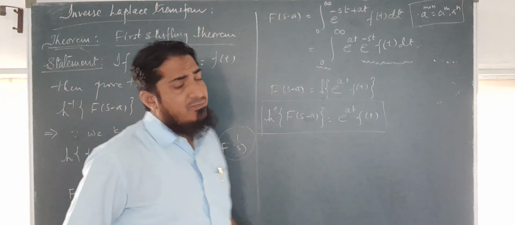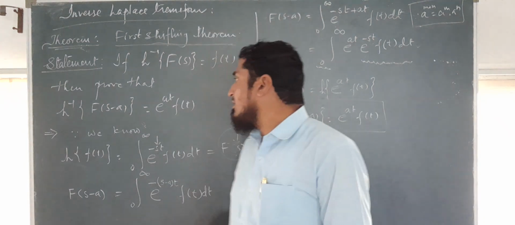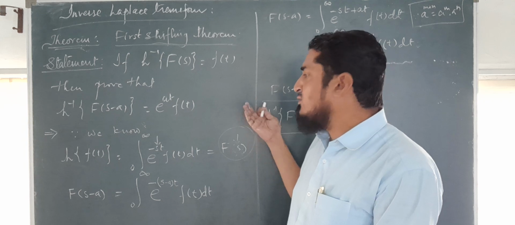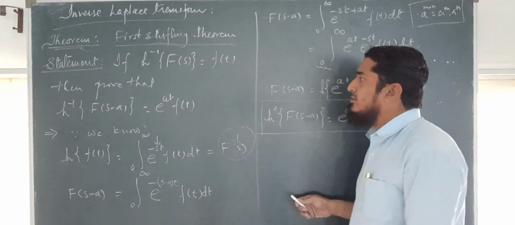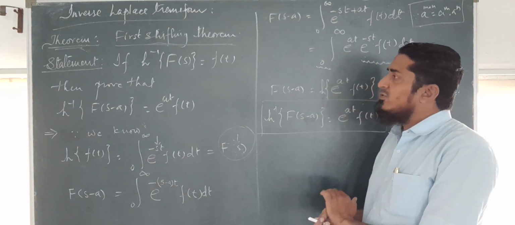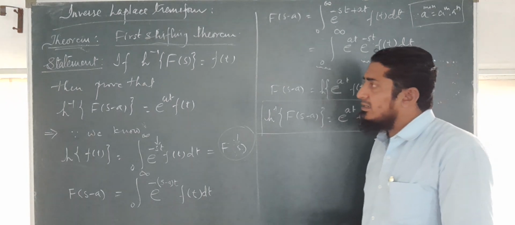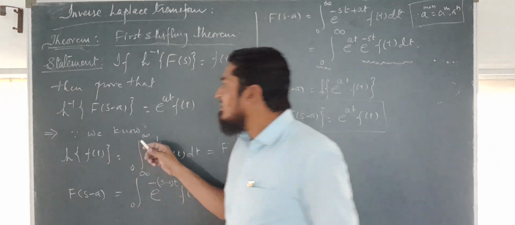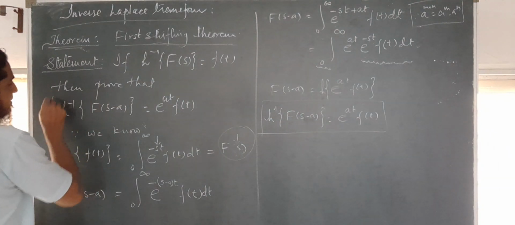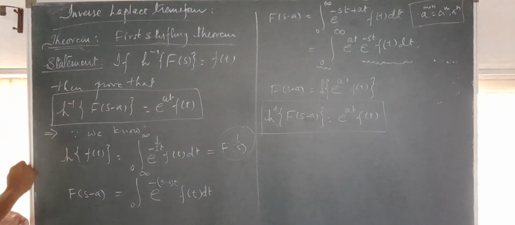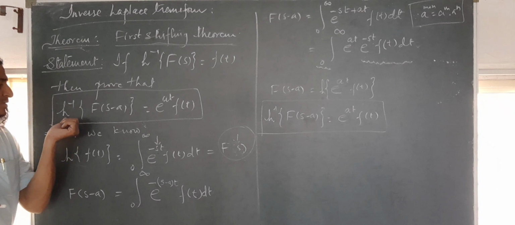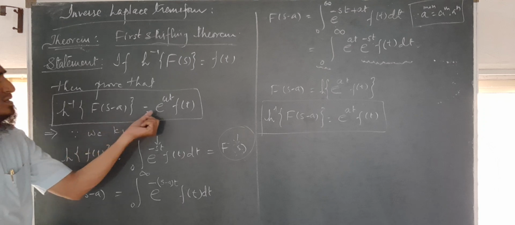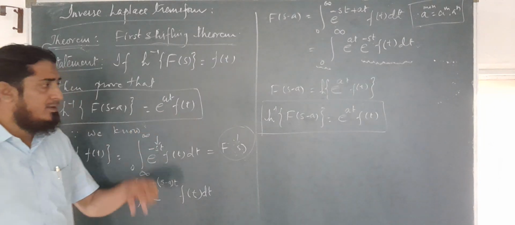Now, for the second shifting theorem, we will prove it in the same manner. Before going to prove or state that theorem, you must remember the main part of this: that inverse Laplace transform of F of s minus a is always e raised to at f of t.